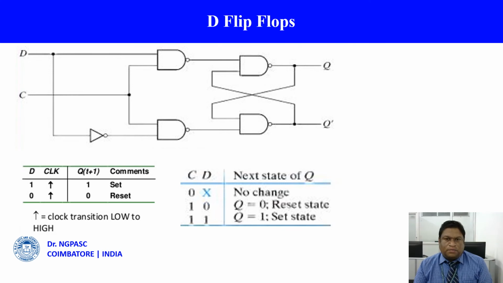So the final output value Q is equal to 0. So we get a reset state. So we get either the 1 state or the 0 state, a final output of 1 or 0. So this avoids the intermediate states, the invalid states.